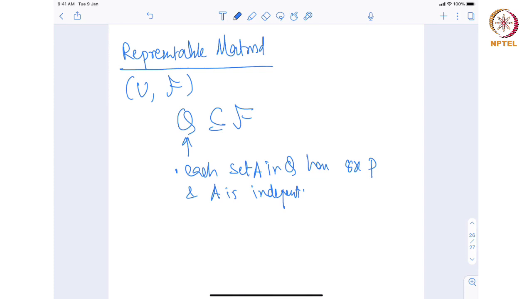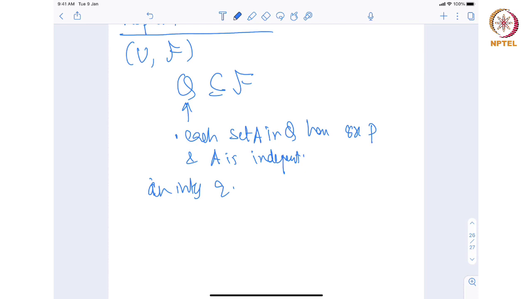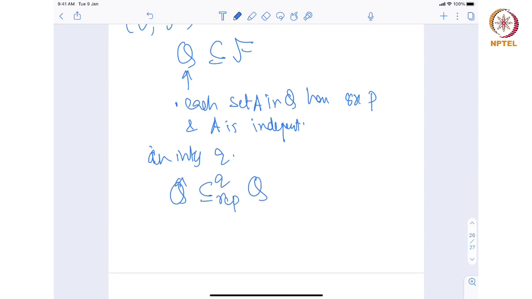Then, given an integer q, we can come up with Q hat, which is a q-representative of Q. What is the property of this?